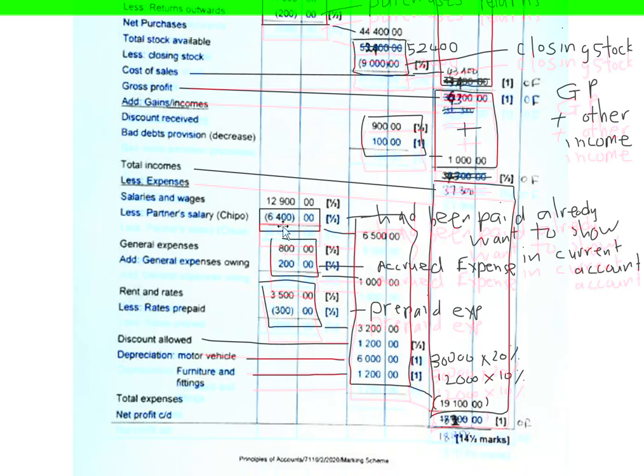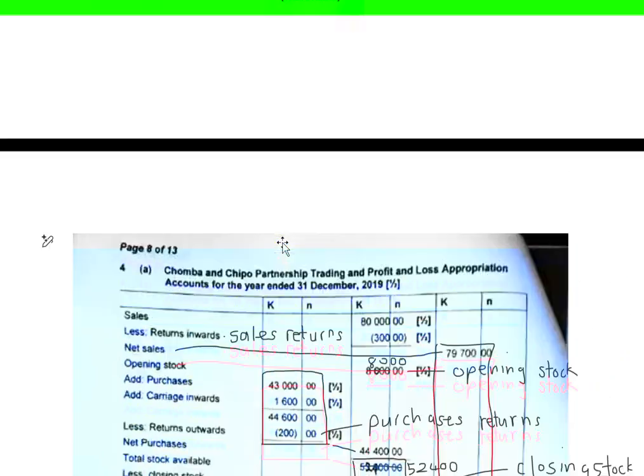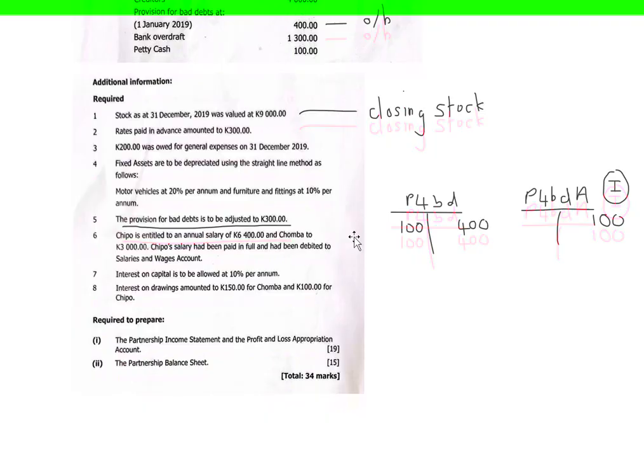in the current account. Why they took it out was because in the adjustment it says here Chippo is entitled to an annual salary of 6,400 kwacha and Chamba to 3,000 kwacha. Chippo's salary had been paid in full and had been debited to the salaries and wages account.